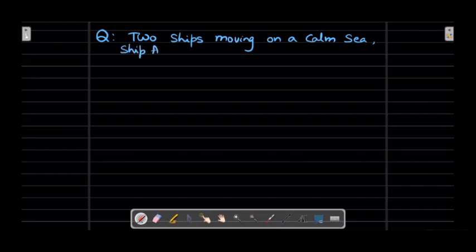Another one. This time let's see two ships moving on a calm sea. Ship A moves towards northeast.